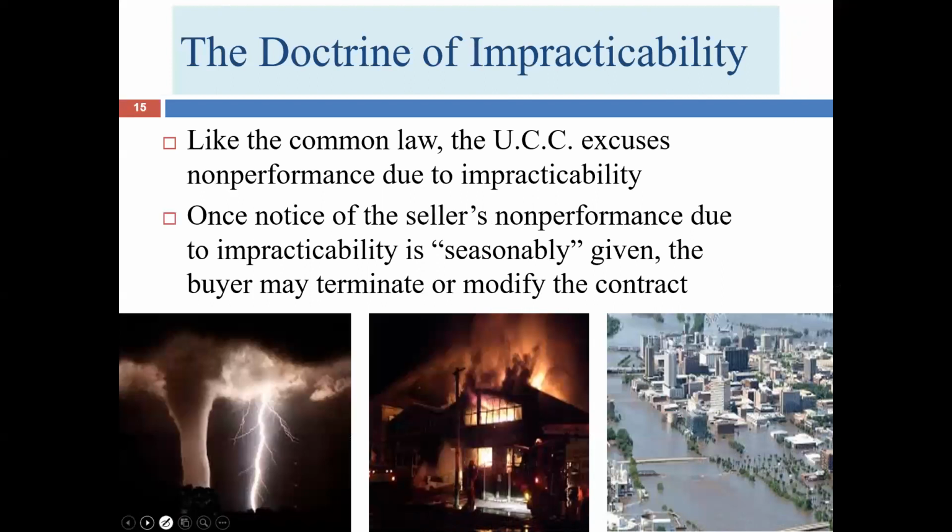And so when the buyer is given notice that the seller is not going to be able to perform due to impracticability, and that notice is seasonably given, and what this means is given in a reasonable time frame, then the buyer does have the option to terminate the contract or to modify the contract.